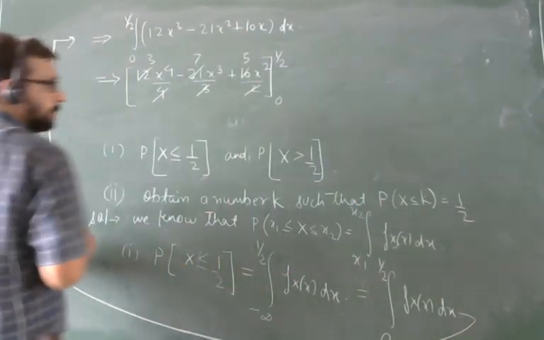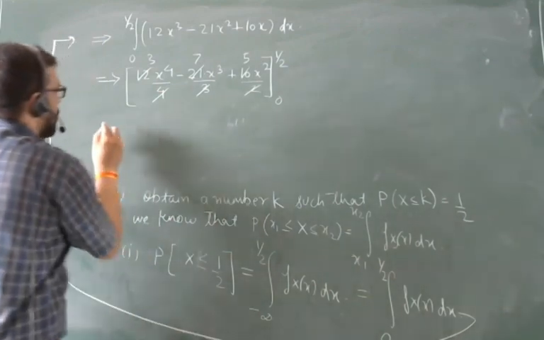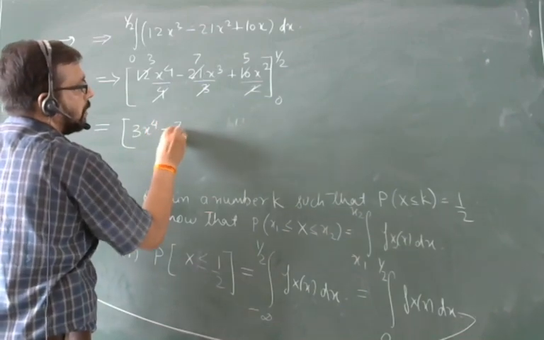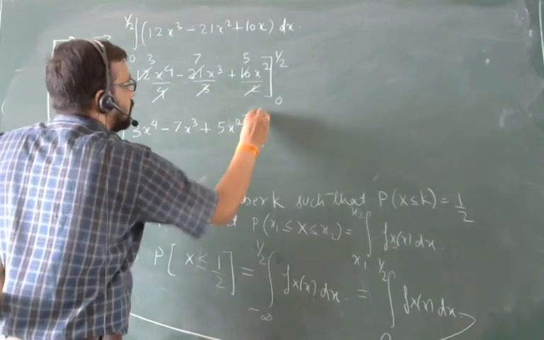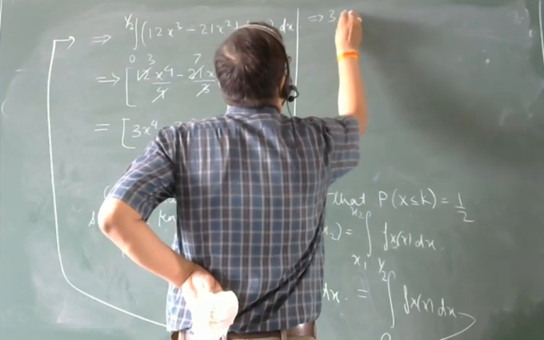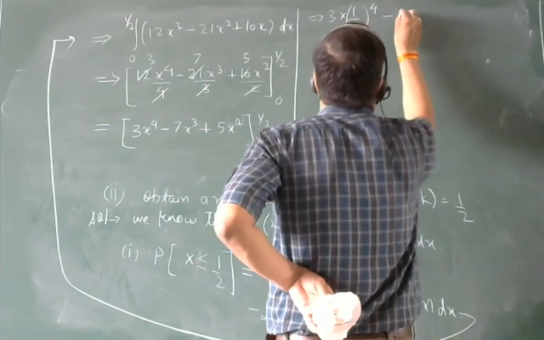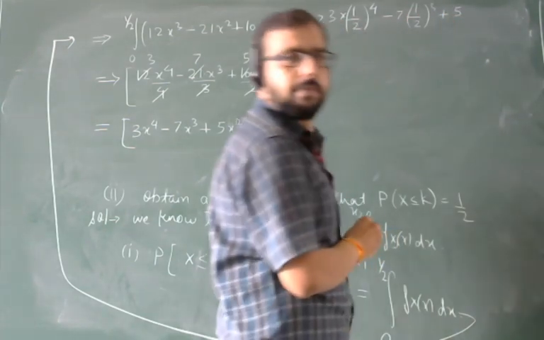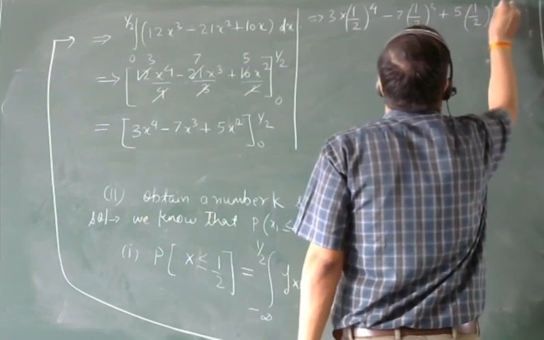Now we get 3 x to the power 4 minus 7 x cubed plus 5 x squared, which equals 3 into (1 upon 2) to the power 4 minus 7 (1 upon 2) to the power 3 plus 5 (1 upon 2) squared.